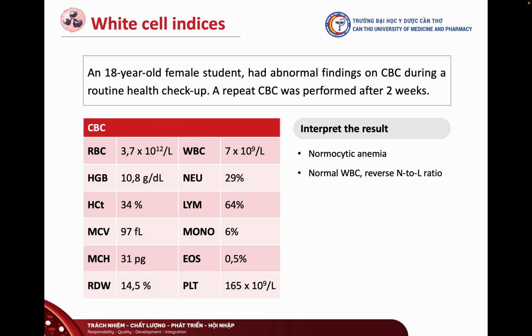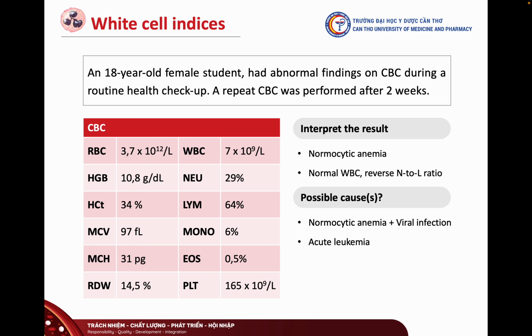That brings us to the key question. If this were just a viral infection, you would expect the lymphocyte count to return to normal after 2 weeks. But it hasn't. Now we must be more concerned.